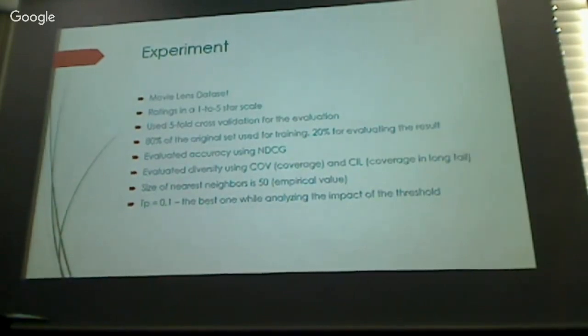So they take 80% of the original set for the training of the algorithm, and then to validate or evaluate if the ratings are accurate, they use the 20% of the set for the evaluation. And the fivefold cross validation, I'm not sure.